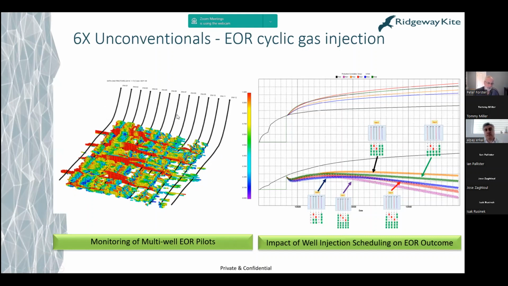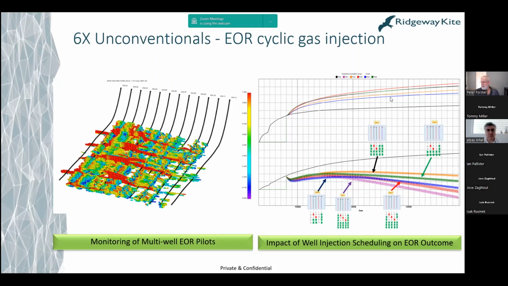So we can use this to predict the conformance of the injected gases. So we can work out which wells should be shut in, which ones should be producing, which ones should flip between injecting and producing. And we can experiment with different combinations and different schedules, and we can predict what additional recovery we can get from each of those scenarios.